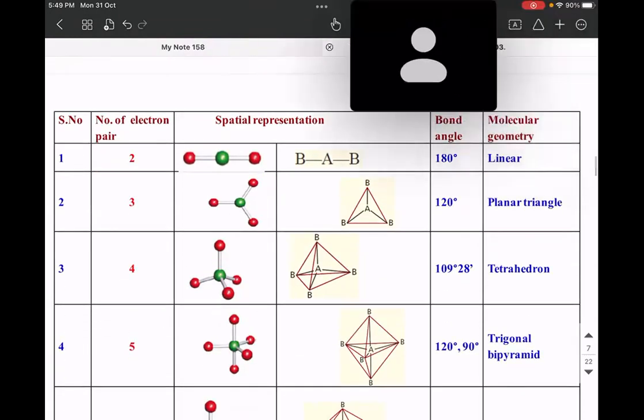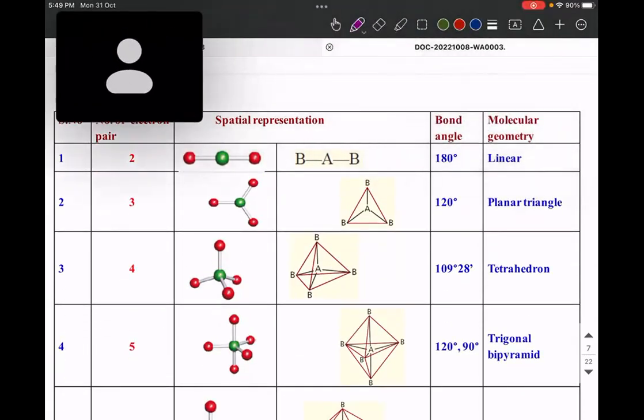If you consider the VSEPR theory, it is the simplest, without any mathematical calculation. You can say what the structure of a molecule is. First, you have to identify the central and peripheral atoms and find out what types of electron pairs are around the central atom. How to find the number of electron pairs?